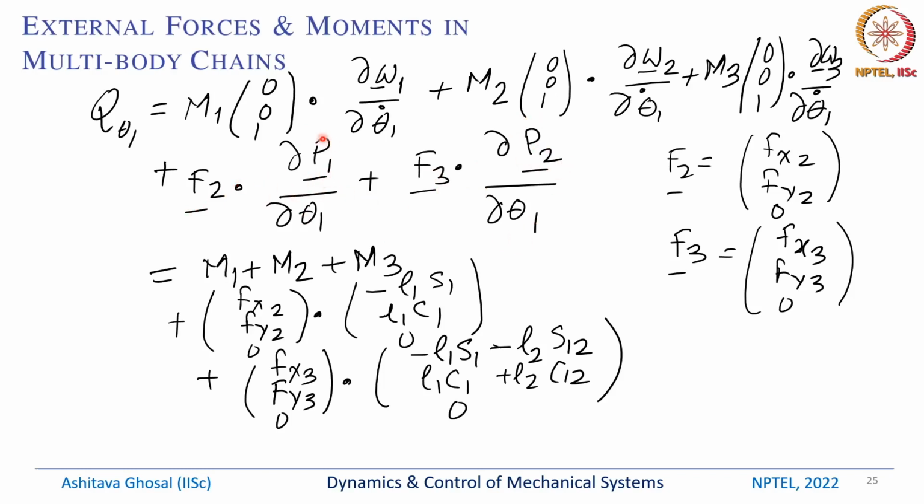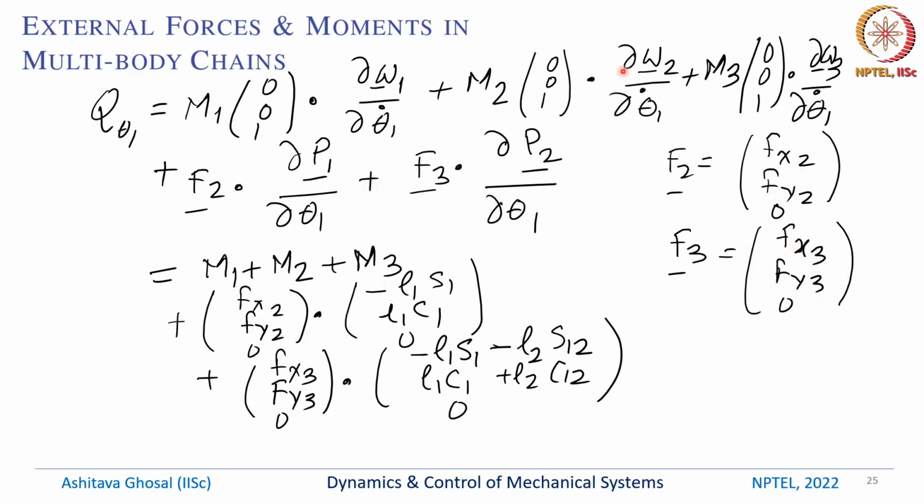Okay, we could have also taken the velocity of point 1 with theta 1 dot and velocity of point 2 with theta 1 dot. What is F2? We are assuming F2 has components Fx2 and Fy2. F3 has components Fx3 and Fy3. The Z components are 0.